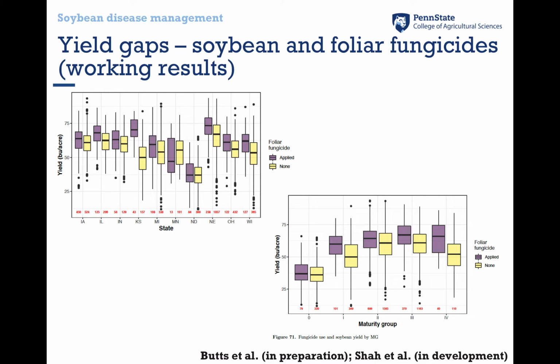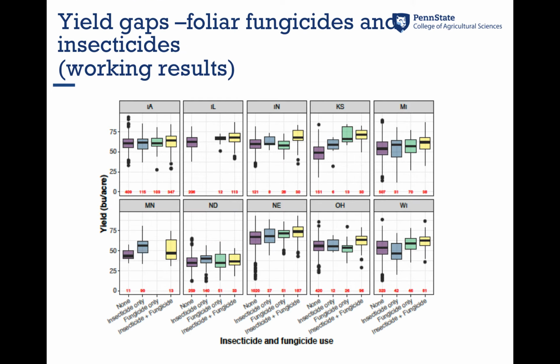And we can see across these maturity group zones, which do correlate to some of the different states, we see differences also. So we're looking at these patterns in many different ways, because we recognize from a management perspective, these soybean producers are not necessarily just going to apply fungicide alone. So you have to pull apart the fungicide-insecticide combination to see where those profiles come out.